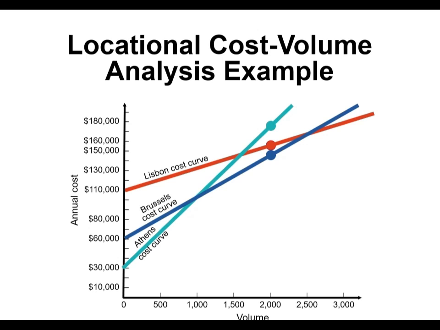Okay, and then for Lisbon, based on your scale, if you do not produce anything, the total cost for Lisbon city is 110,000. You still have to bear 110,000 with no quantity being produced. So from there we know that Brussels and Lisbon intersect at the volume of 2,500.